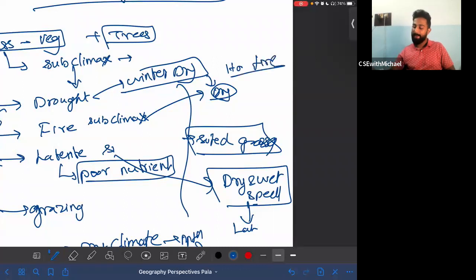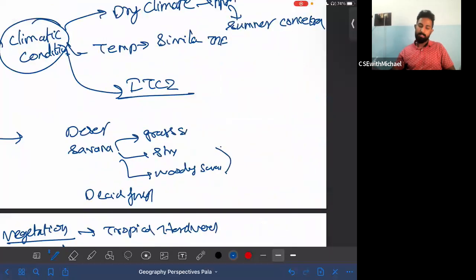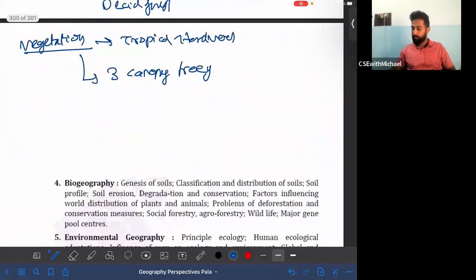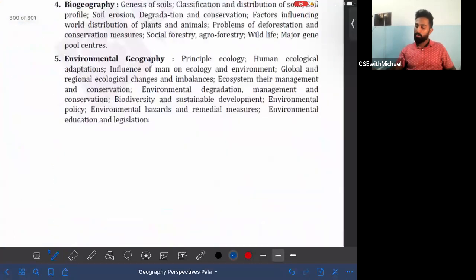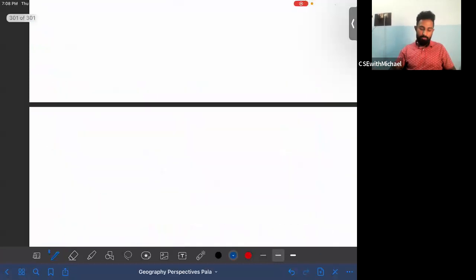And thus fire would degrade woody savanna into grassland savanna, because woody plants will not be able to survive these conditions. So these are some of the major things that we can see about this part of the world. Now, if you go about looking into the fauna, these regions, flora we have already seen.